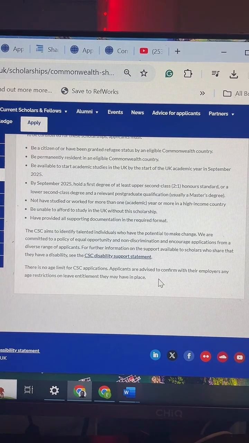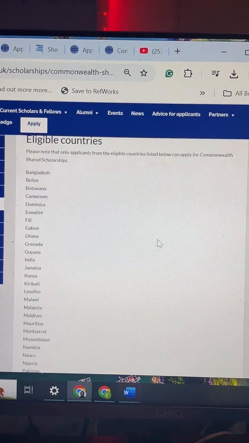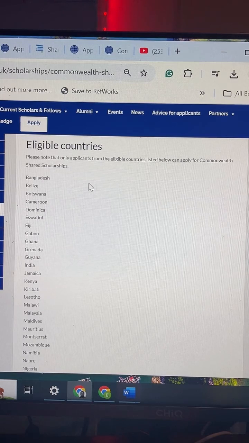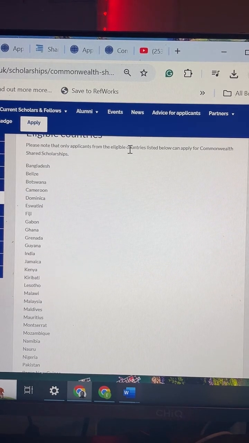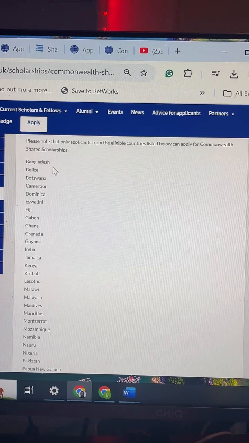So if you are working and you intend to leave your job to apply for the scholarship to come and do your master's, then you may have to consider having a conversation with your employer to tell them that you're going to relocate to do your master's once you are granted the scholarship, and so they should put something in place. So eligible countries, these are the countries that are eligible to apply for the Commonwealth Scholarship.